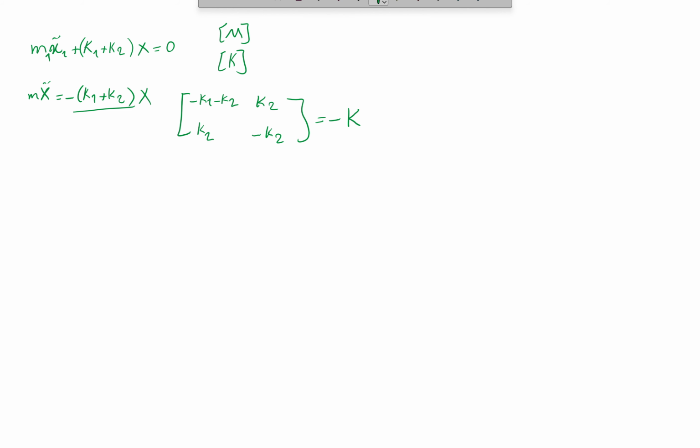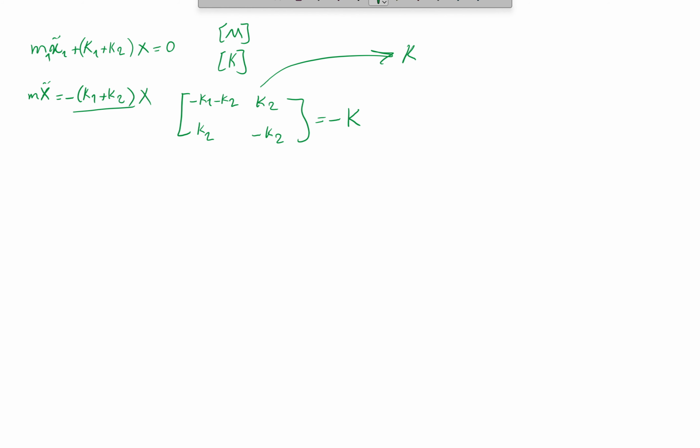But then you would take this as k, and it will ruin everything after that. Your eigenvalues would be wrong, your mode shapes, everything would fall apart pretty quickly. So please do not do this.